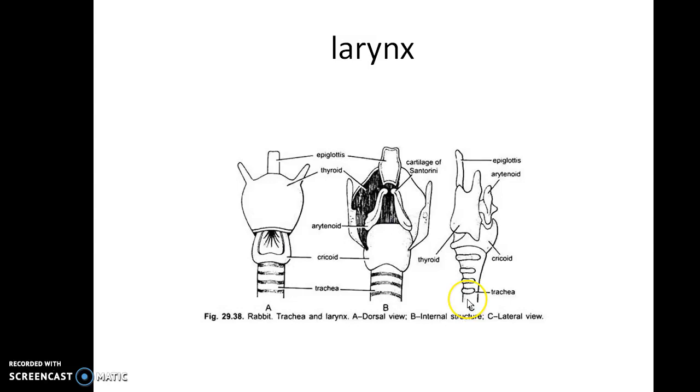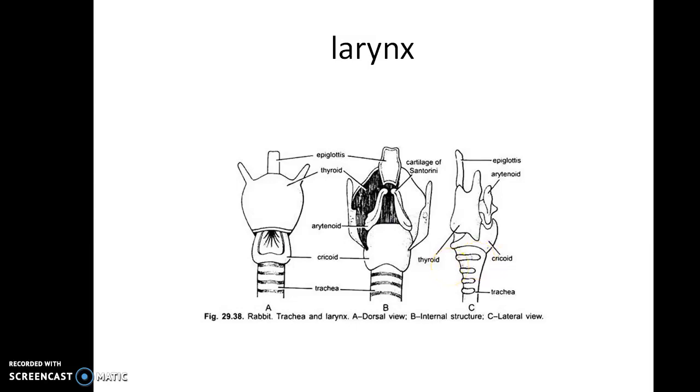And from the larynx, there is the trachea, which is supported by incomplete cartilaginous rods. You can see that this is only half covering the trachea. It does not cover them entirely. So, this is called the tracheal rings.